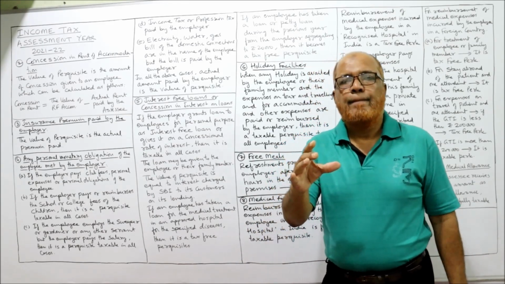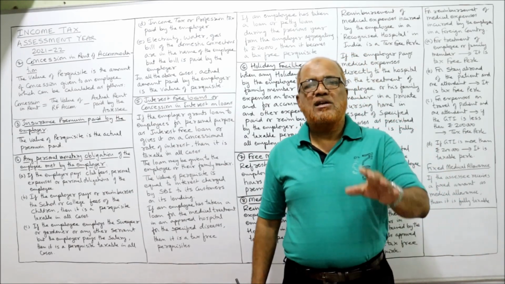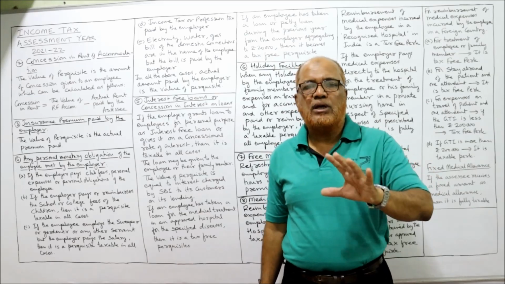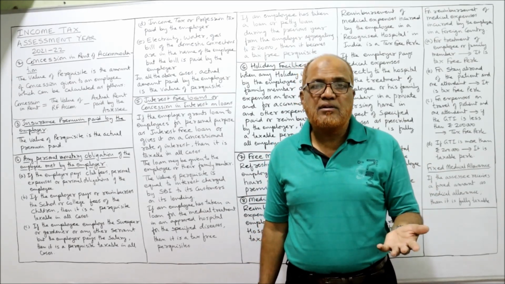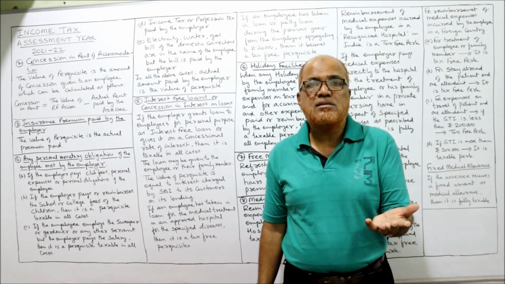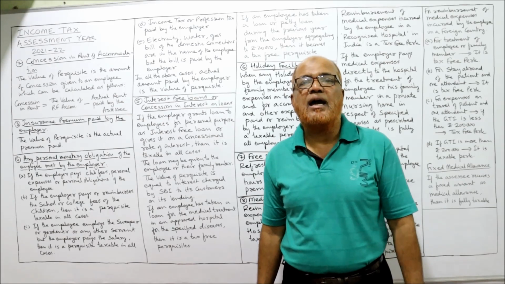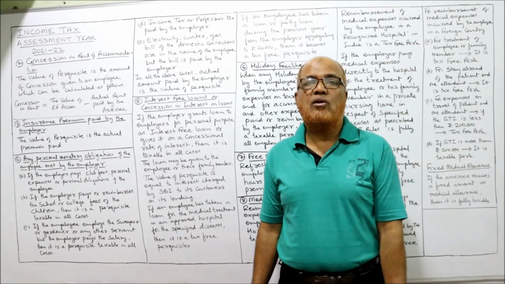There is an agreement between the employer and the employees. The employer says if any employee wants a loan, we will give you the loan without any interest. That means the employee is getting the benefit. No need to pay the interest. So this benefit of not paying the interest is a taxable perquisite.